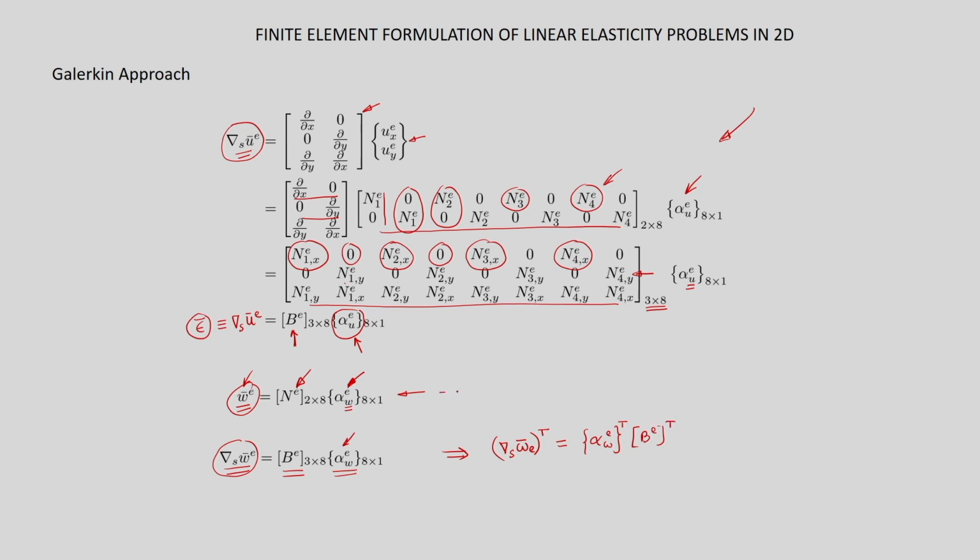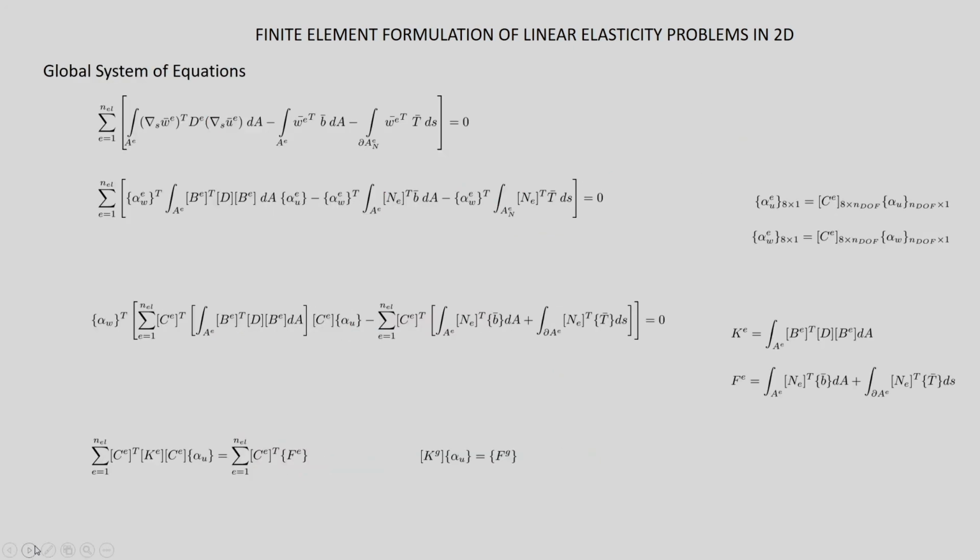And W also, because W is a column vector, if I take the transpose of this, we get alpha W transpose N transpose, alright. So, with this set of expressions in mind, now let us go and insert them in the weak form.